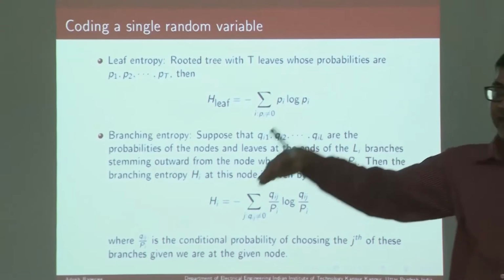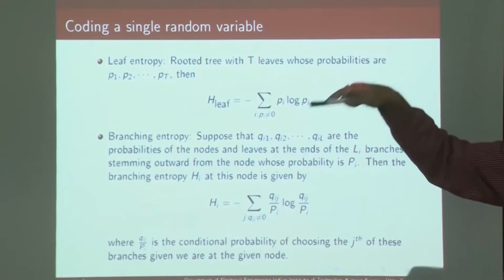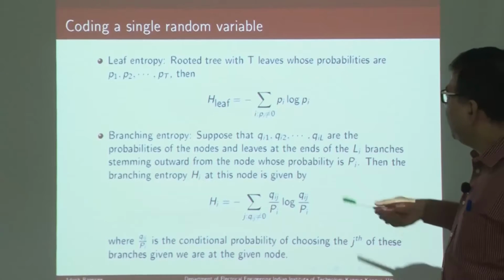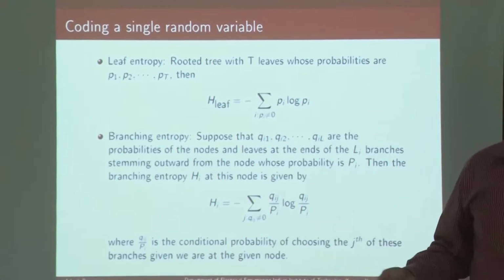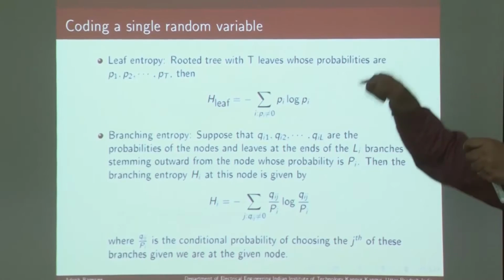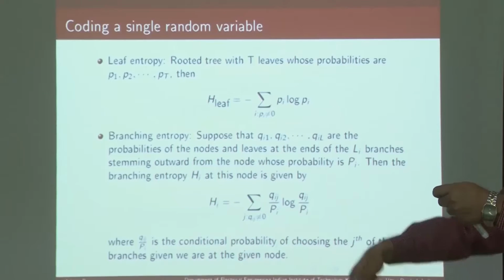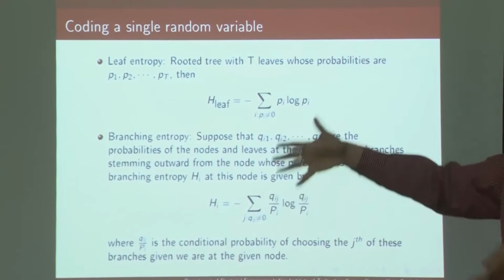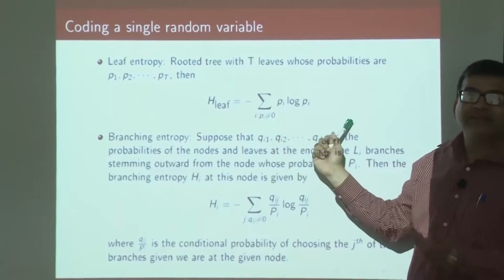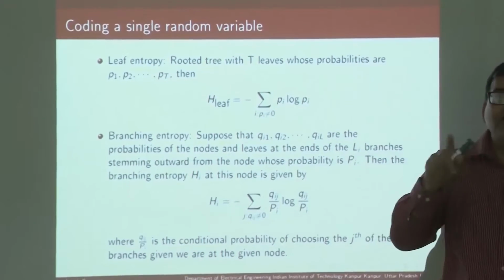These are nothing but my code words, these are the u_i's. So the leaf entropy is nothing but H(U). U takes k possible values, and they are essentially mapped as leaves in my tree, right. So this leaf entropy which I am defining is nothing but H(U).